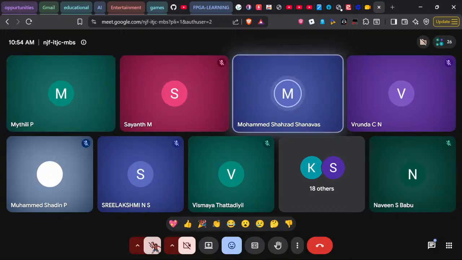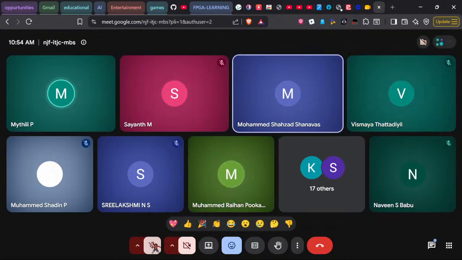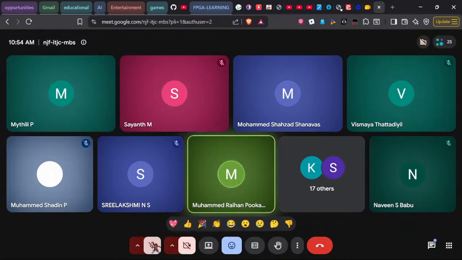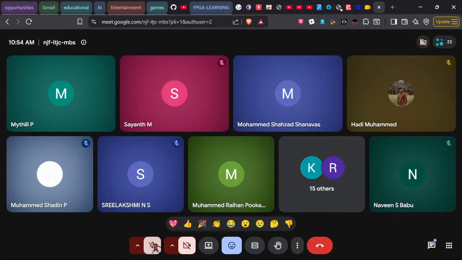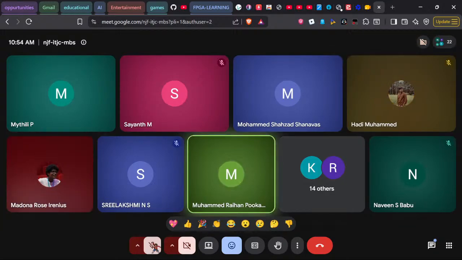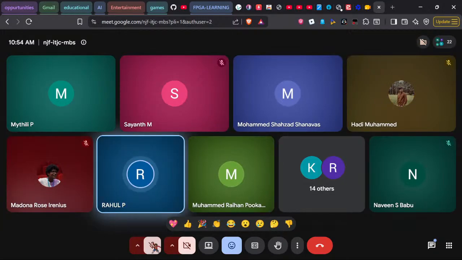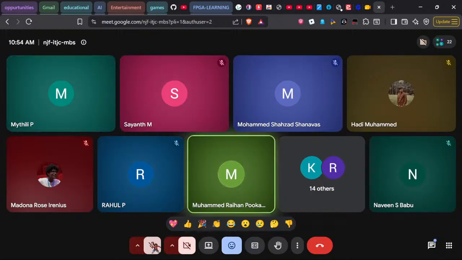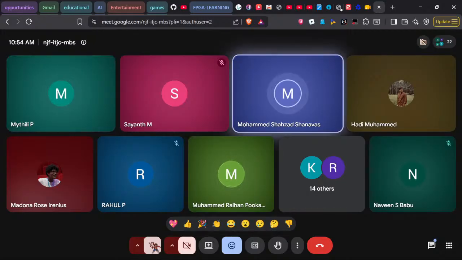Miss Shehzad present. Sir. Tell one by one. Rayhan present. Miss Hadi present. Madonna present. Come on. Ma'am, Rahul is also present. Okay. Rayhan, let me mark first. Yes, miss. Next person. Miss Shehzad. One person speak.